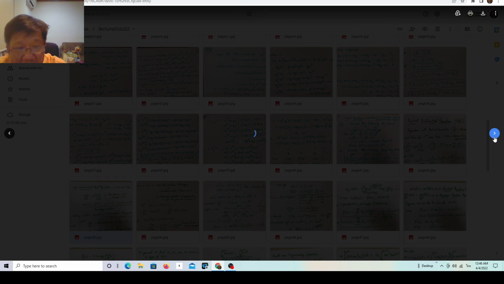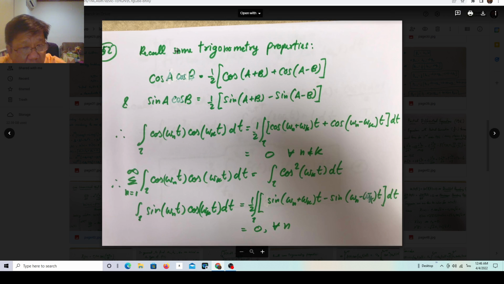We go back and use this trigonometry property to change the product of cos and sin into a summation of cos. You know, this is from way back in high school trigonometry. Cos a times cos b is equal to half of cos of the sum plus cos of the difference of a and b.